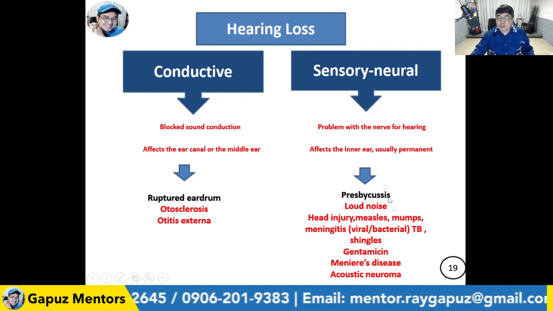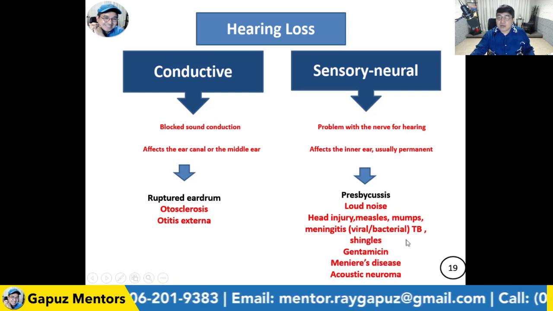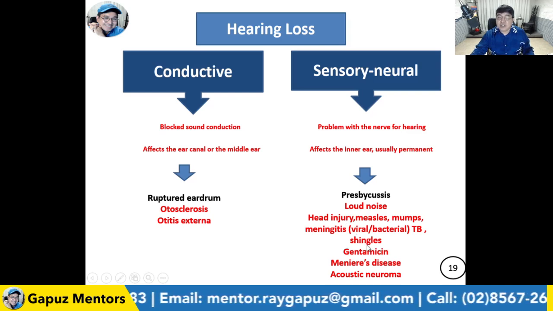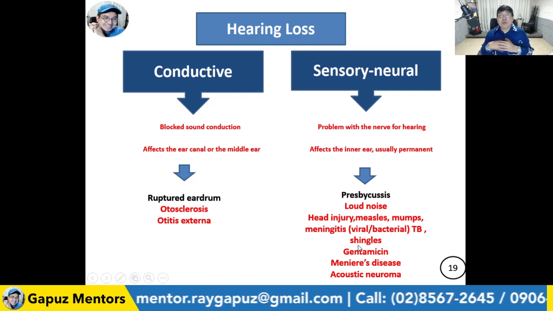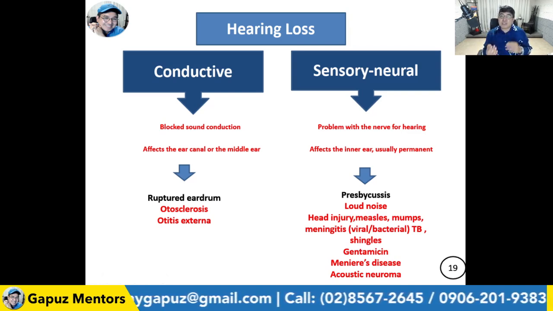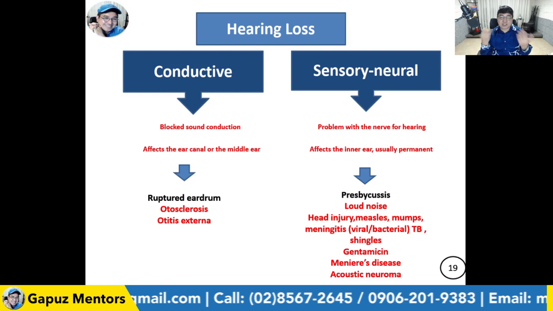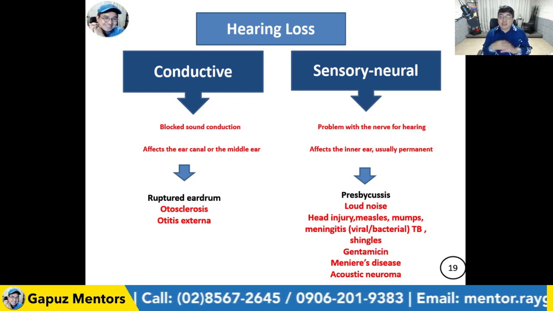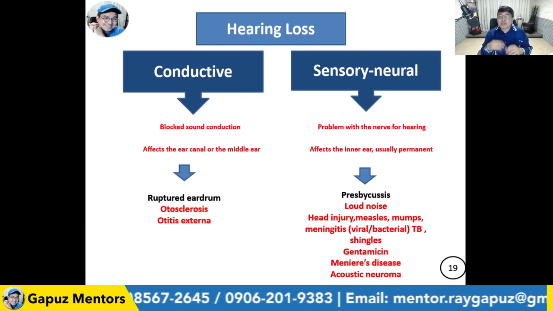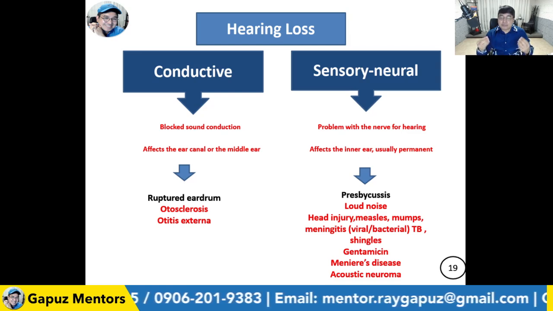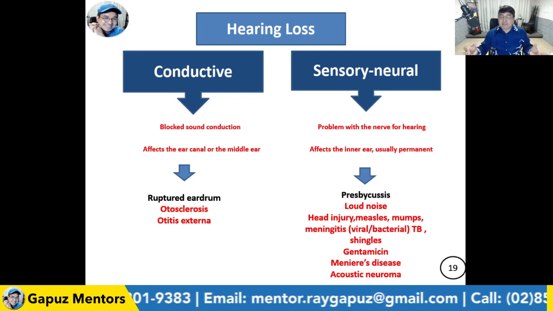Okay, this could also be associated with head injury, shingles, intake of aminoglycosides. Remember, your aminoglycosides are ototoxic, so it affects cranial nerve 8, neurotoxic, and nephrotoxic. Okay, so it's also exerting its adverse effects on the kidney.